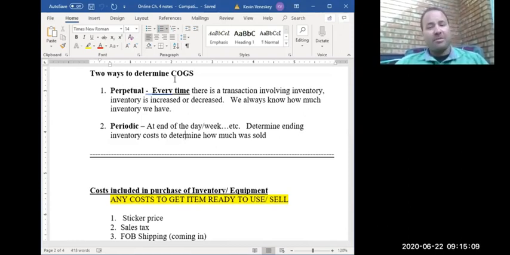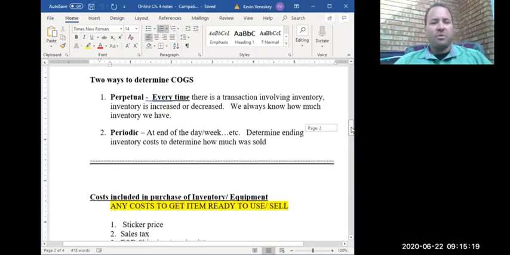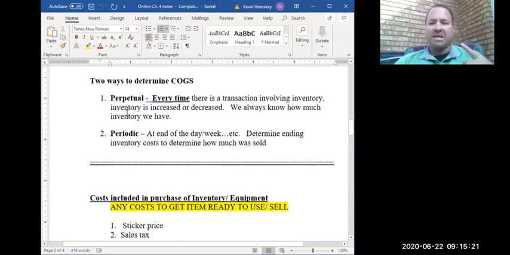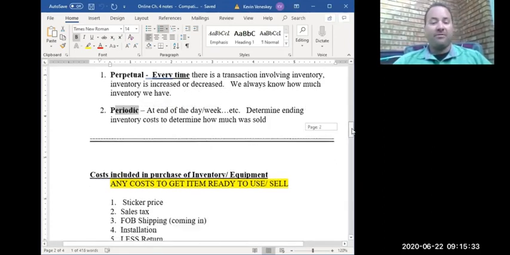And then that's gonna be able to tell you, after you've counted up everything you have left, how much you actually sold. So we're going to see that equation in just a few minutes. So just remember that perpetual, you're always updating. It's always doing a journal entry after every single sale. The periodic, you're doing one big entry at the end of every day, perhaps, after you've counted up to see how much you have left of inventory.